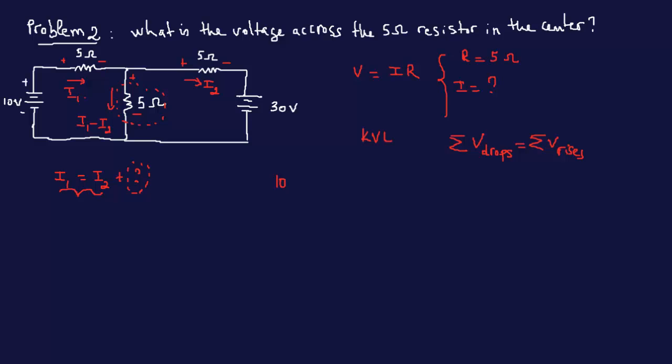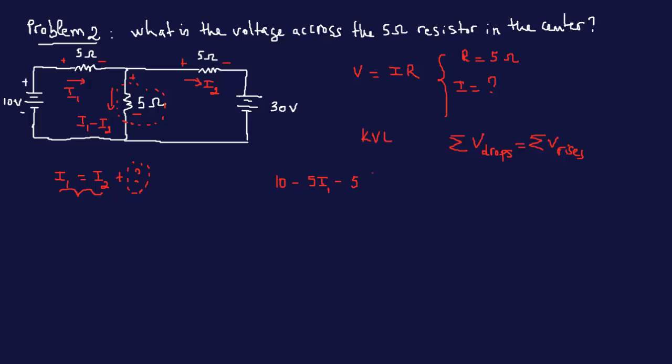We're dealing with voltages here. V is equal to IR, so minus IR, so minus 5 I1. Here would be plus to minus, so that's going to be a minus 5, and what's the current?